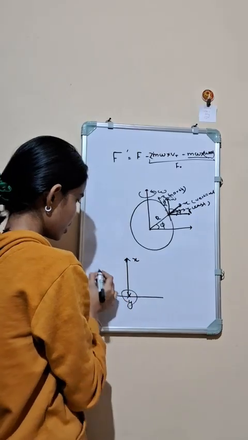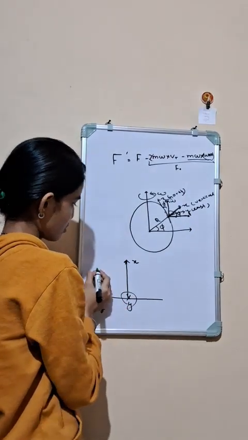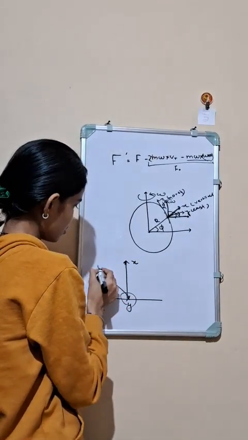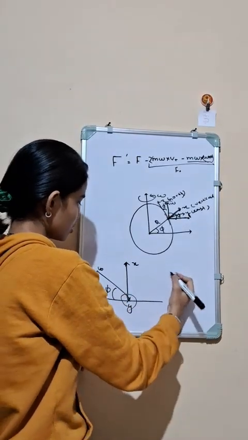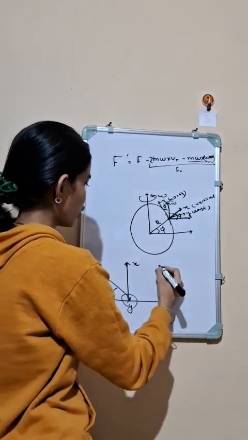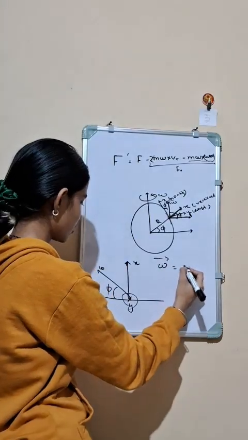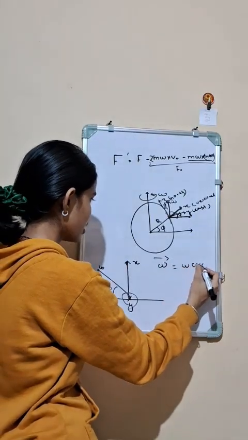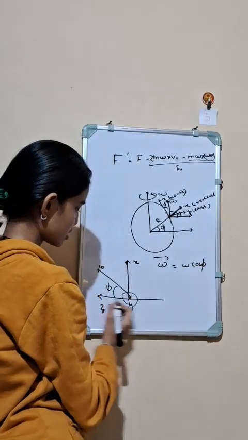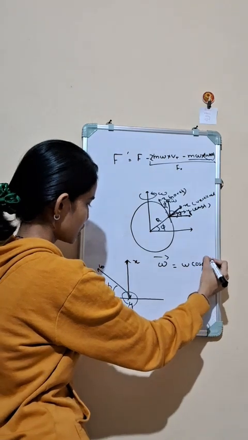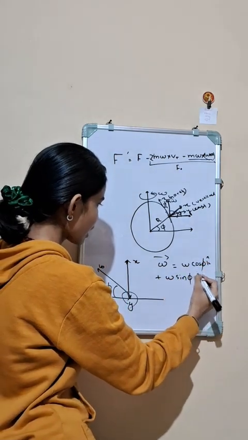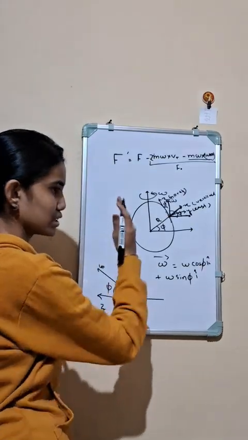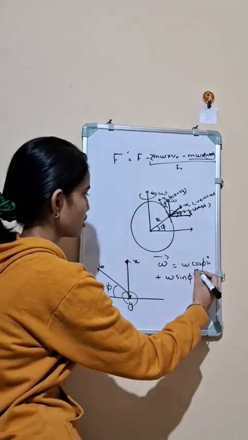So the components of omega will be: omega vector equals omega cos phi in the z axis, that is k cap direction, plus omega sin phi in the i cap, the vertical direction.